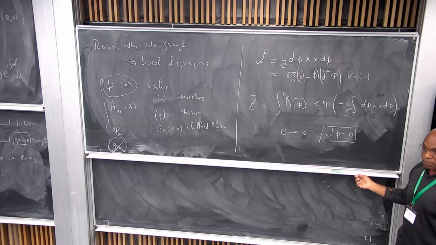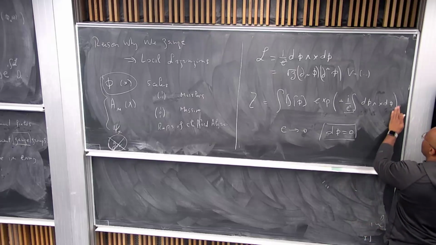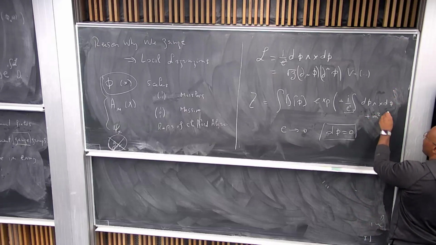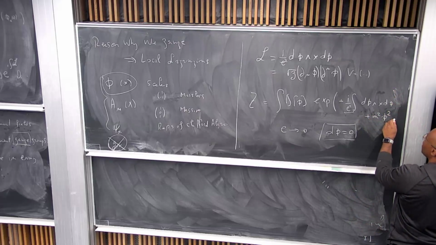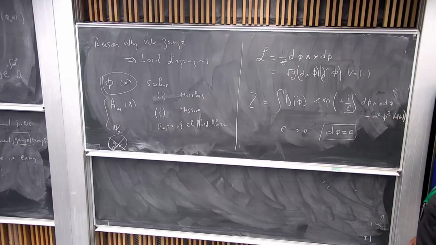Another way a field can be decoupled is that you could have a mass term, m squared φ squared, times the volume form. You can also ask what happens when I take the mass to infinity.